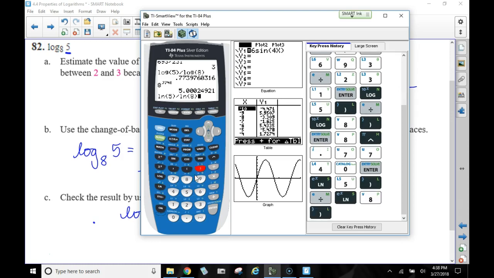It doesn't matter what base you change it to, a base of 10 or a base of e, we're still going to get that the log of 5 with base 8 is 0.7740 rounded to 4 decimal places. Hooray for the change of base formula. Now you can calculate any logarithm on your calculator as long as you set it up correctly.